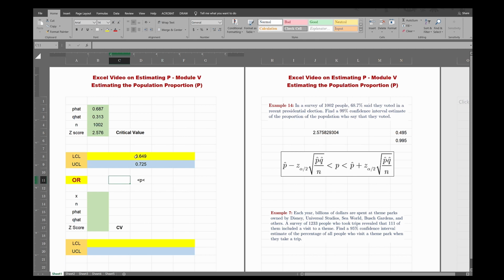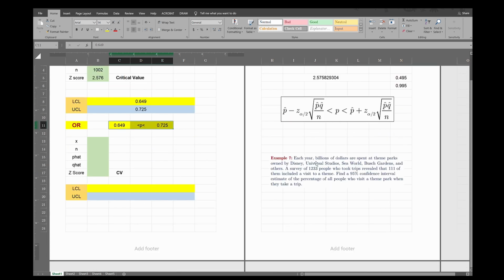So you write 0.649 for the lower confidence limit. For the upper confidence limit, you write 0.725. And that will be your confidence interval for the percentage of the population using a 99% confidence level.